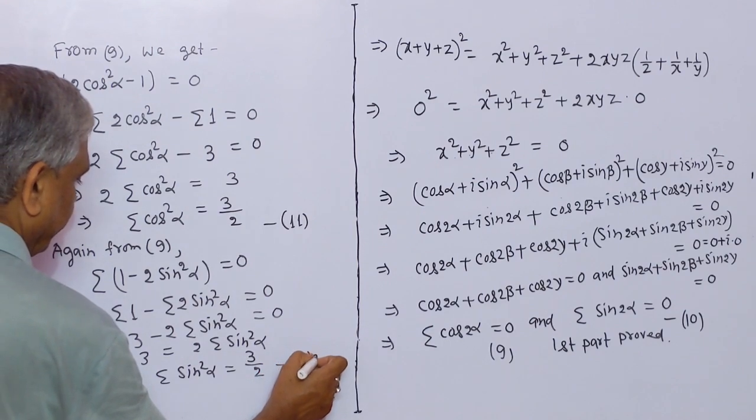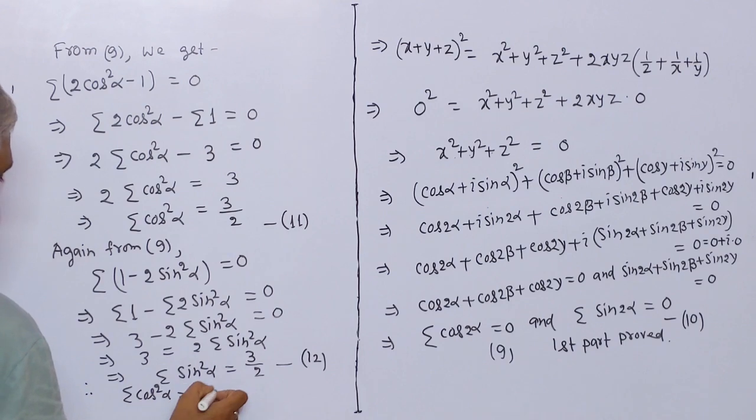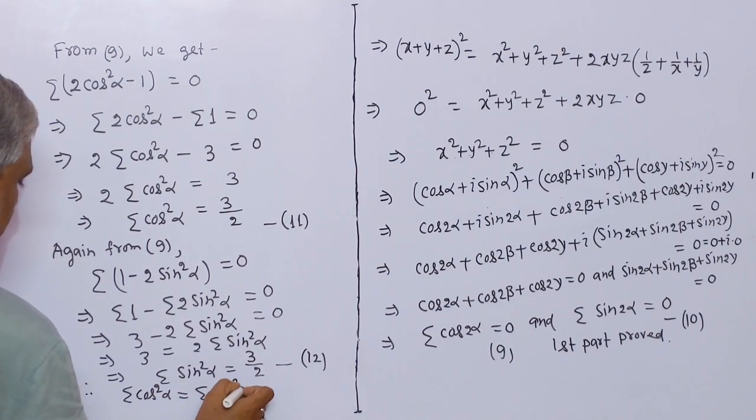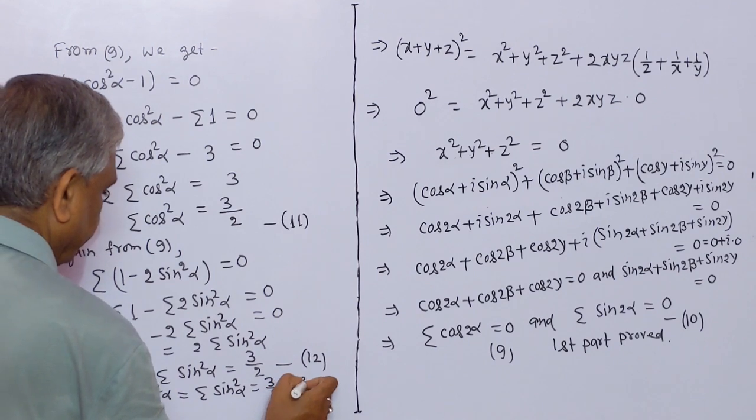This is 12. Therefore, here sigma cos square alpha equal to sigma sin square alpha equal to 3 by 2. Second part proved.